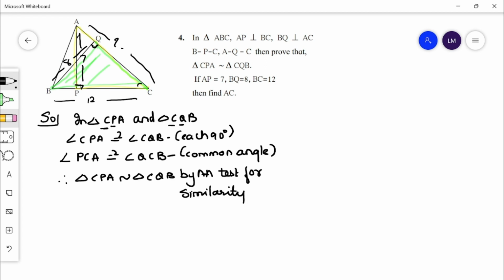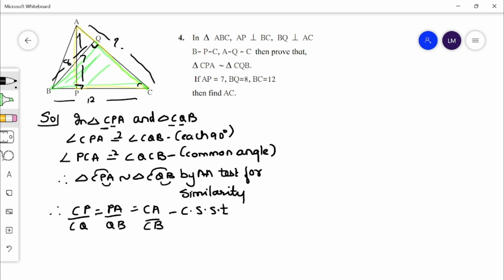Now, if the triangles are similar, we can write the sides in ratio form. That means CP upon CQ is equal to, next, second and third, that means PA upon QB, next, first and third, that means CA and CB. Reason is CSST.